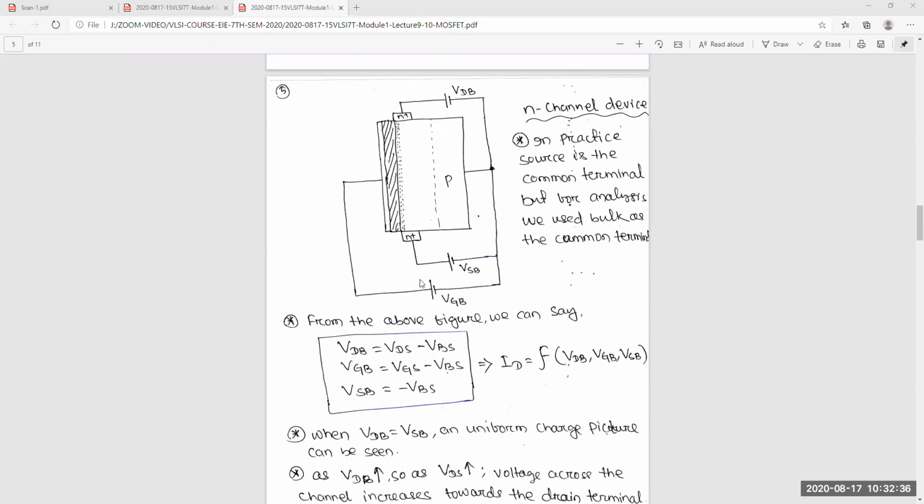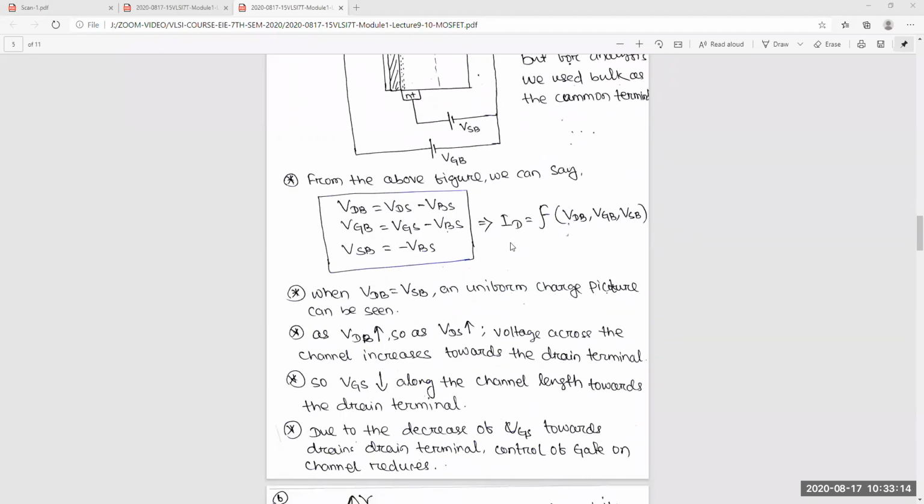VGB is likewise VGS minus VBS. It's easier to analyze all these things with reference to bulk, so that's why we'll discuss this. But finally, when you calculate the ID VDS characteristics curve, in the circuit we'll take the reference as source. It's not a different thing, only for analysis purposes we take the bulk as reference.